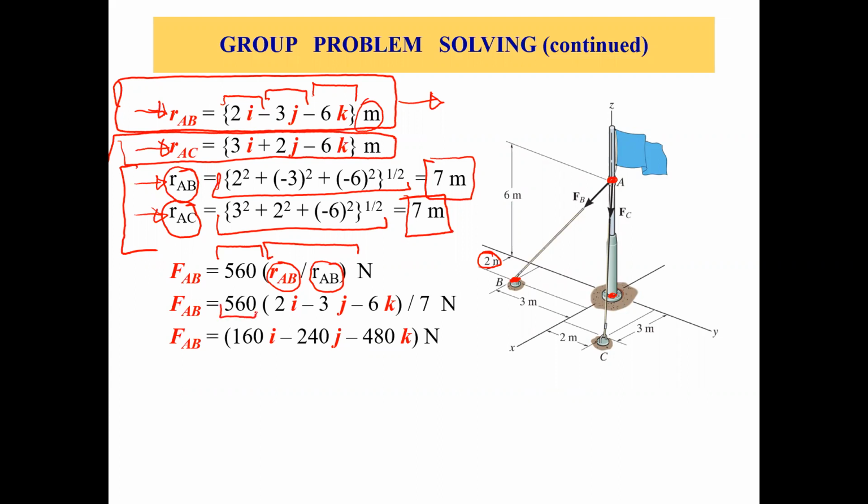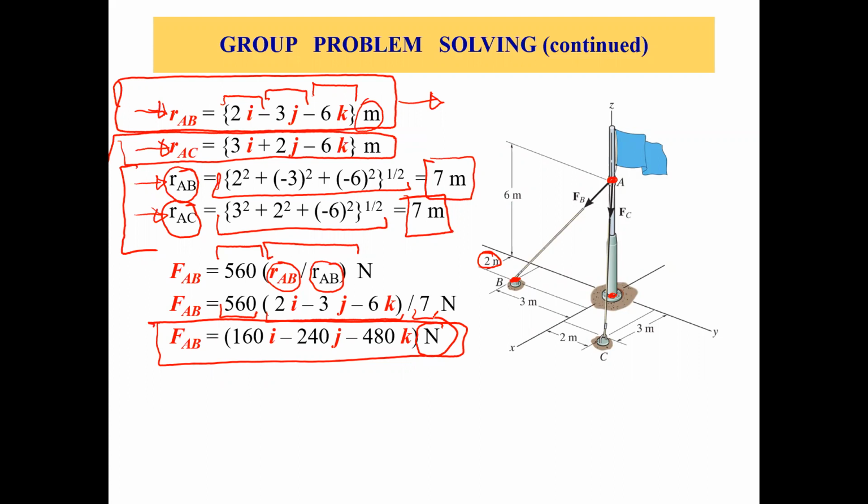RAB, the vector, is 2i minus 3j minus 6k, divided by 7, which is the magnitude of the position vector. We get FAB equals 160i negative 240j negative 480k in newtons. Always don't forget to write newtons. Sometimes I also forget to write these units, but you shouldn't, because you'll lose points.